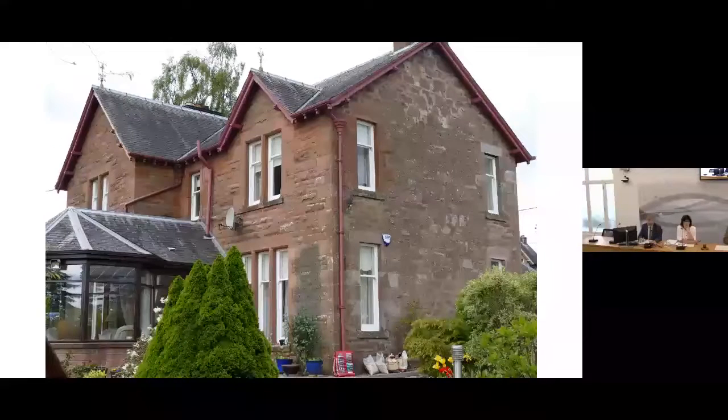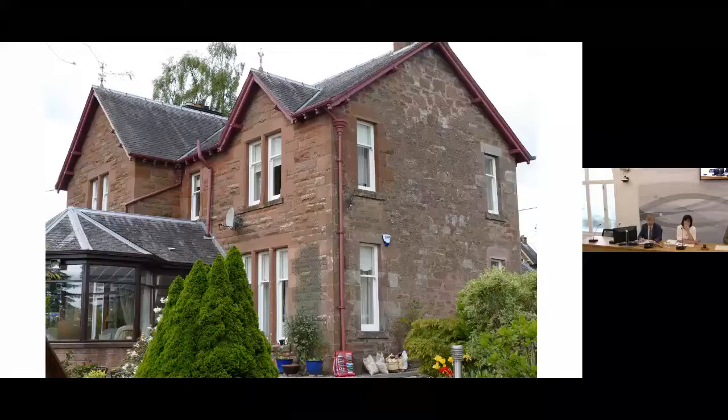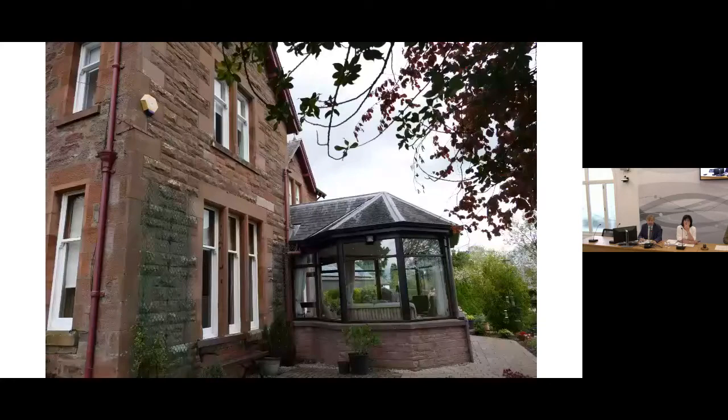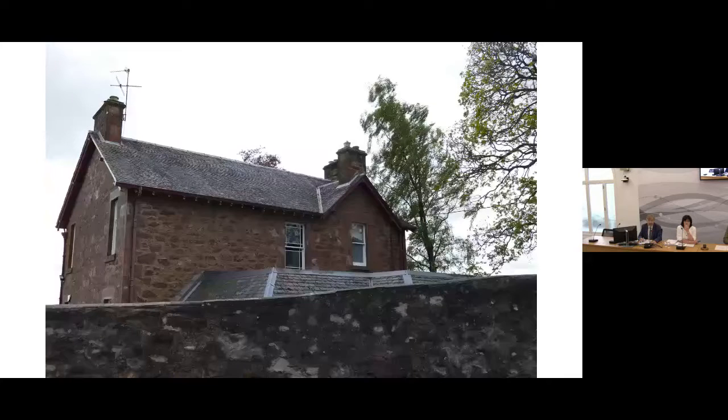And that's from inside the garden. Next slide, please. And the rear of the garden showing the conservatory, which, as I've mentioned, is not included in this application. Next slide, please. And that's showing from Kirkwynd the only other window which isn't proposed for renewal.